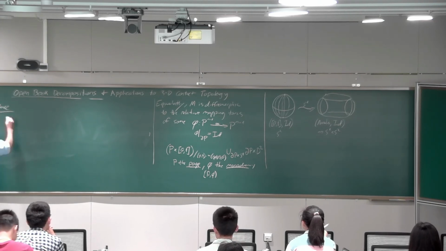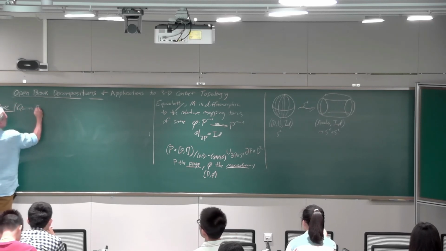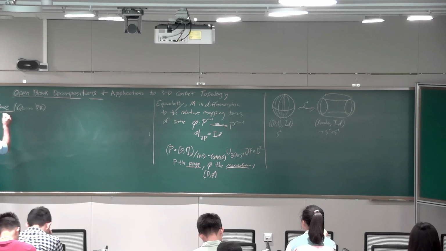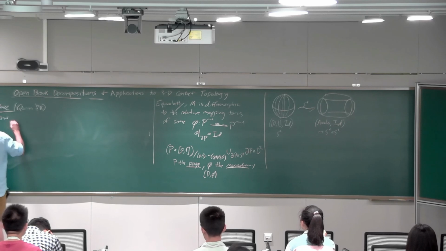Most of what I'm writing here is due to Quinn in '78, other than one small thing that I'll mention. Quinn tells us that an odd dimensional manifold, where n should be at least 1, always has an open book decomposition.